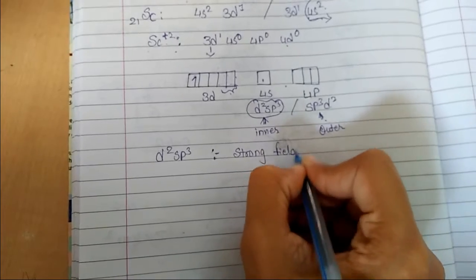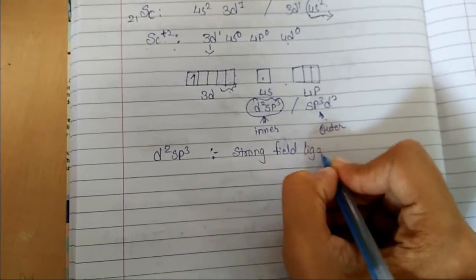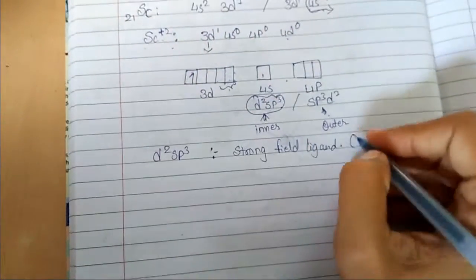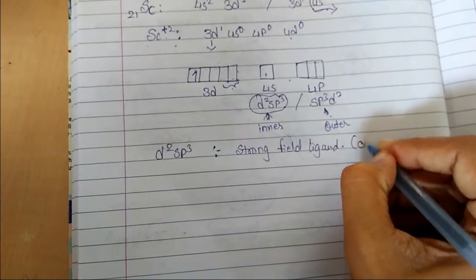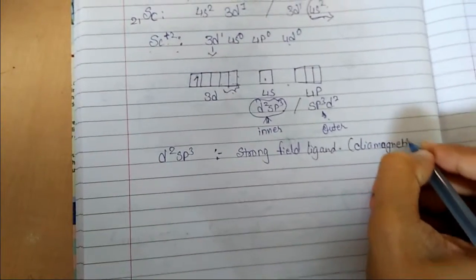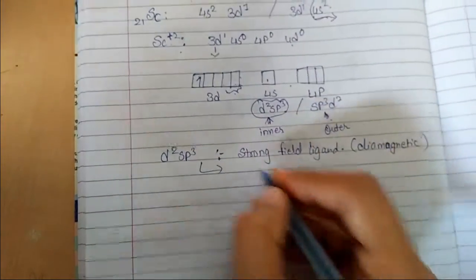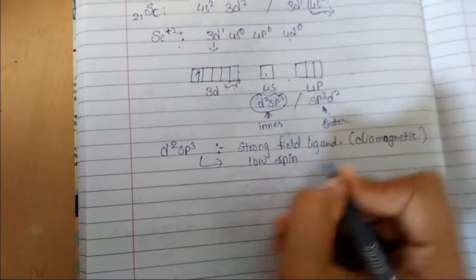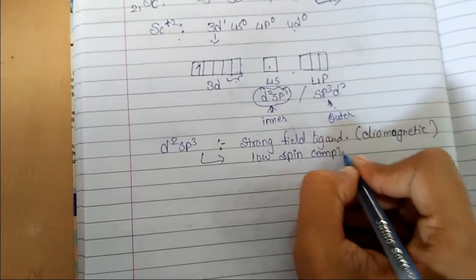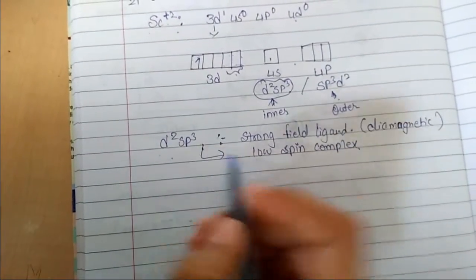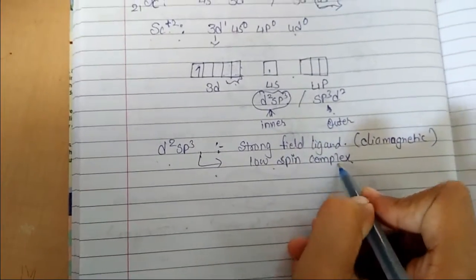When there is a strong field ligand, they will try to pair up the electrons. So the complex will be diamagnetic, and the complex obtained by this is known as low spin complex. So whenever you are getting inner d orbital d2sp3, those are low spin complexes.